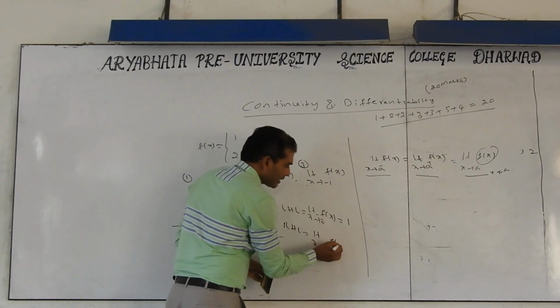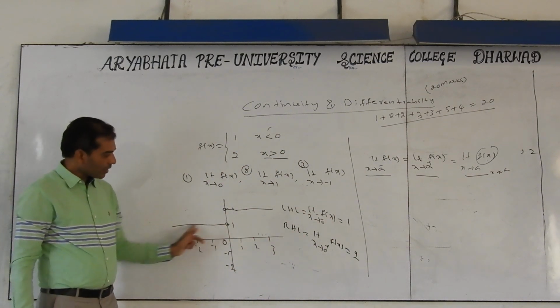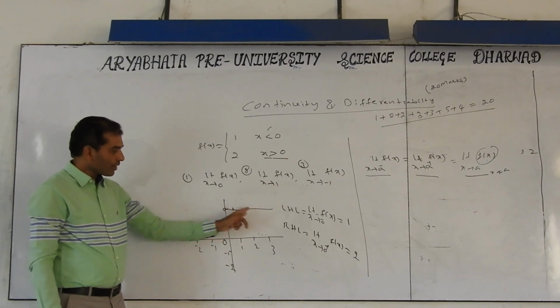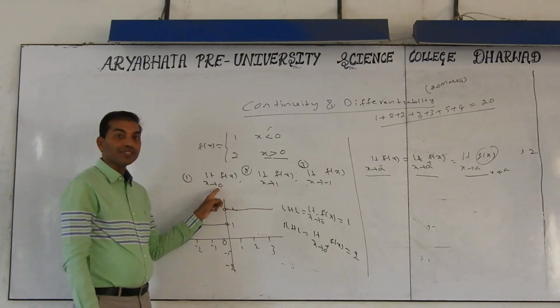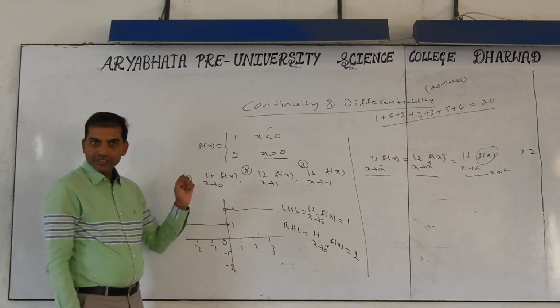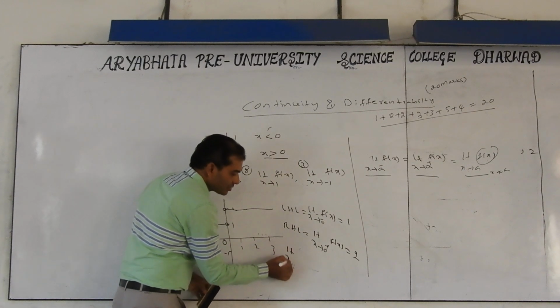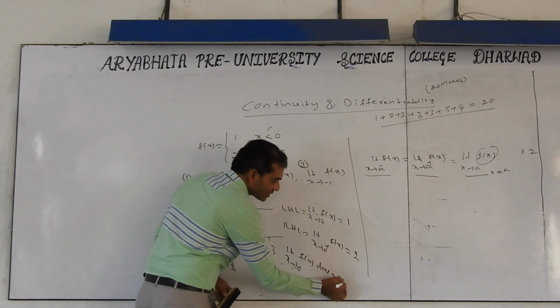The right limit is 2. Both are not equal. So if both are not equal, then the limit does not exist. At what point? 0. So the limit as x tends to 0 of f of x does not exist.